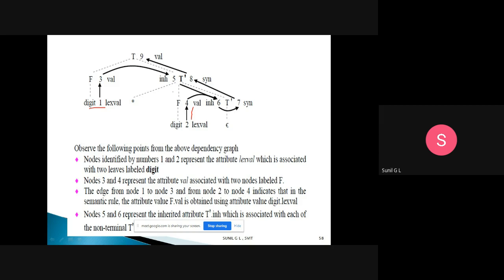Observe the following points about the dependency graph. Nodes identified by numbers 1 and 2 represent the attribute lexval, which is associated with the two leaves labeled digit.